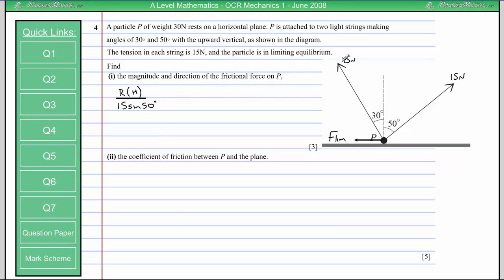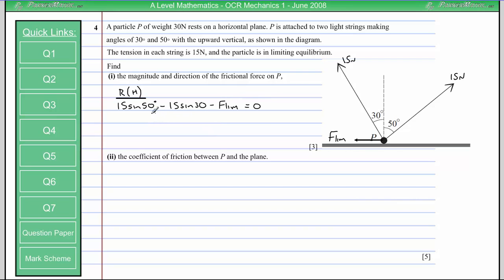The component of this 15 Newton force is going to be 15 sine 30, but it's in the opposite direction, so we'll put minus 15 sine 30. The friction's also in the negative direction, so we'll put minus F lim. And all of that is going to equal 0 because it's in limiting equilibrium.